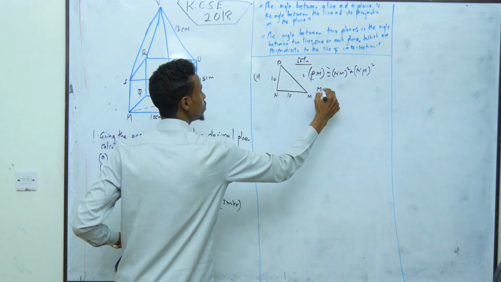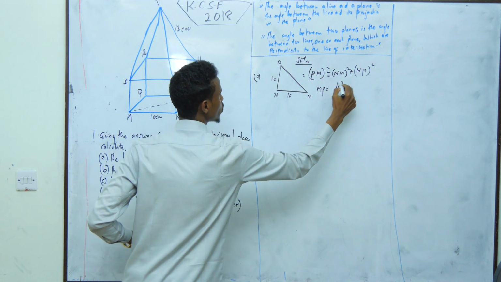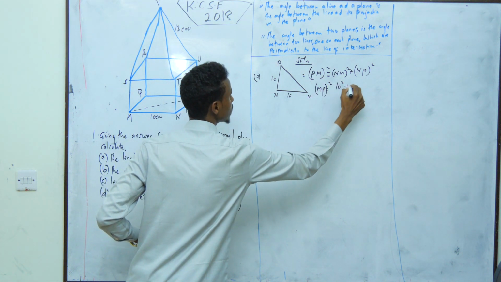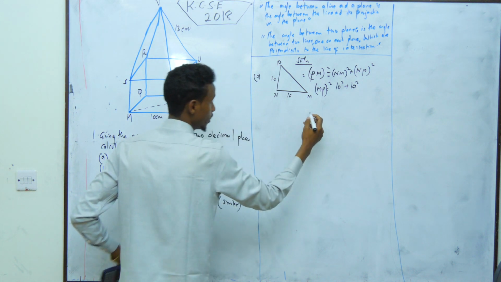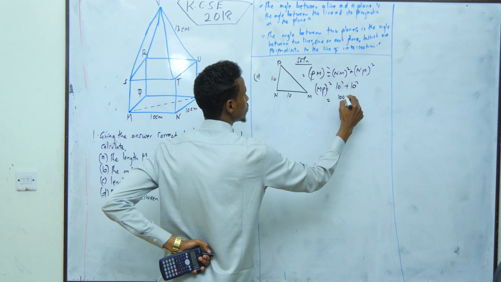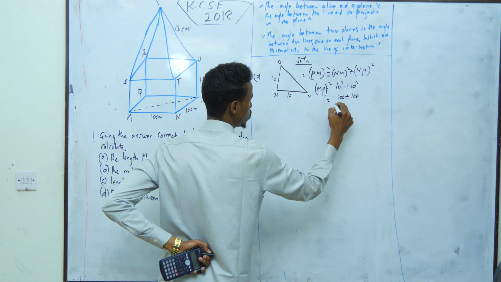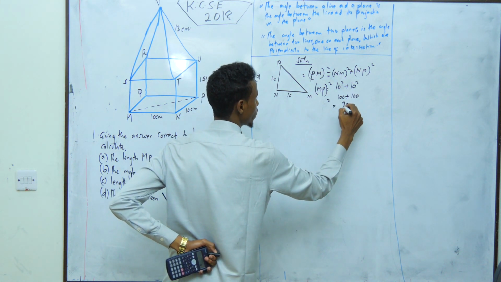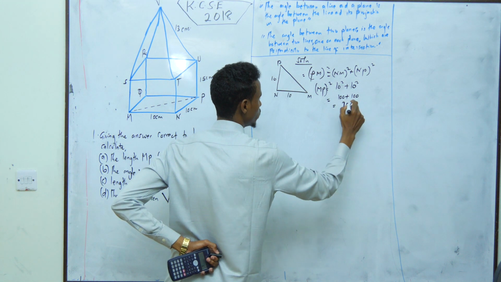Now MP will give us 10 squared plus 10 squared. Therefore, it will be 100 plus 100, which is going to give us the square root of 200.